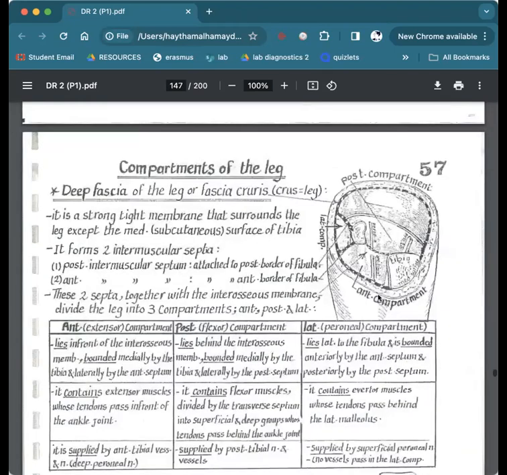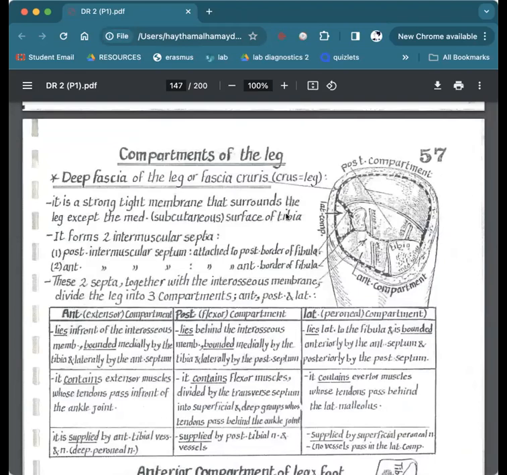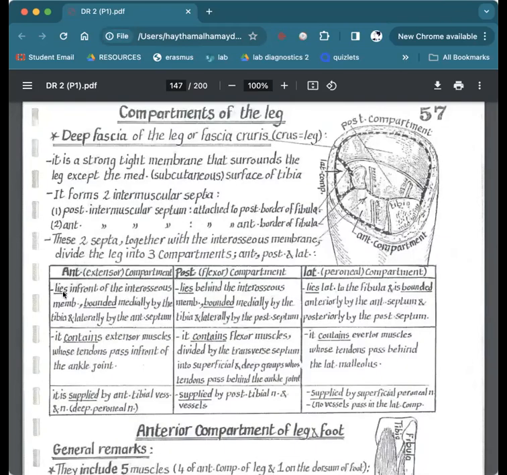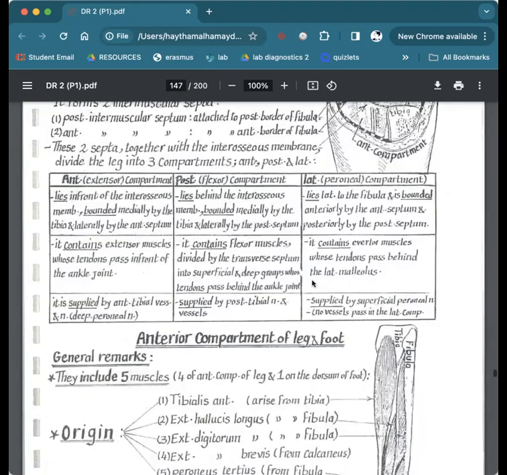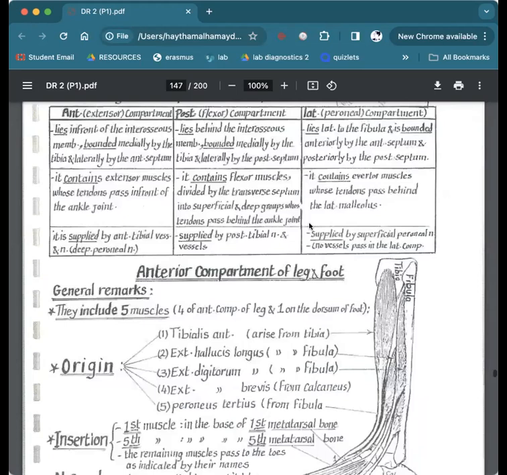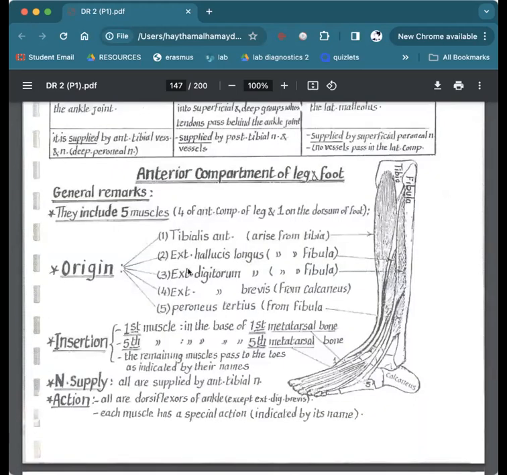Compartments of the leg here. We can see that we are talking about anterior, posterior, and lateral. These are the things that we explained. We have the anterior compartment. The anterior compartment includes 5 muscles: tibialis anterior, extensor hallucis longus, extensor digitorum longus, extensor digitorum brevis, fibularis tertius, the ones we spoke about.